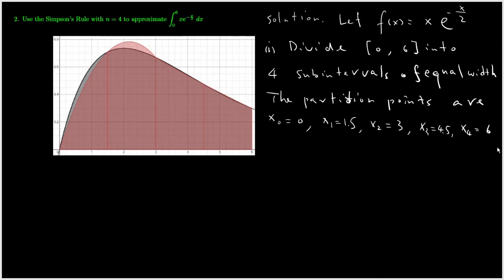We also need to identify the width of the subinterval. The width of the subinterval is 1.5. 6 divided by 4 is 1.5. It's delta x.